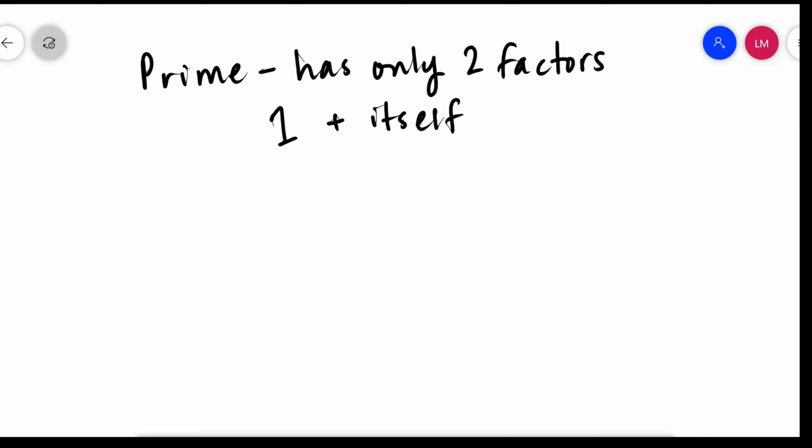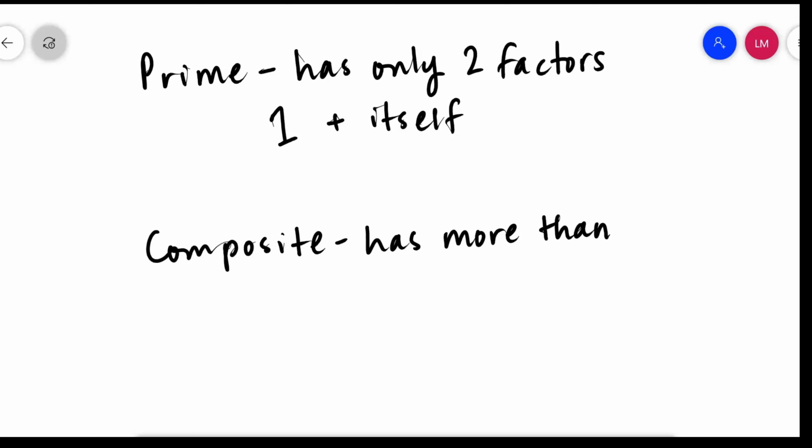Okay? When we say a composite, these are just shorter definitions, it has more than 2 factors. So again, someone like we've done before, 15, it has 4 factors. 1 is a factor, 15 is a factor, 5 and 3 are factors.